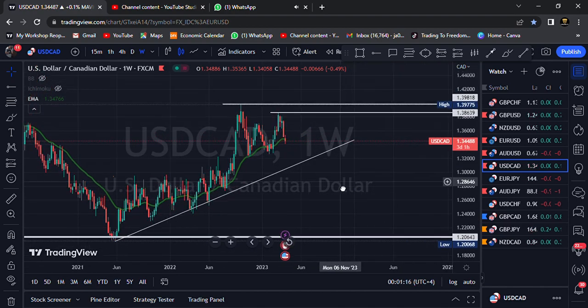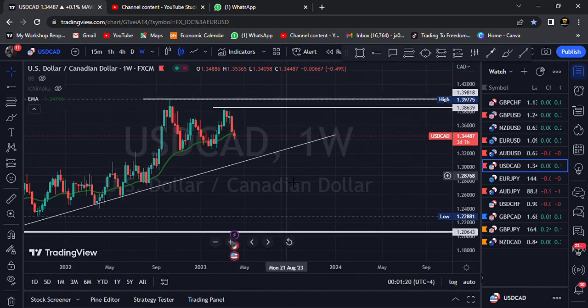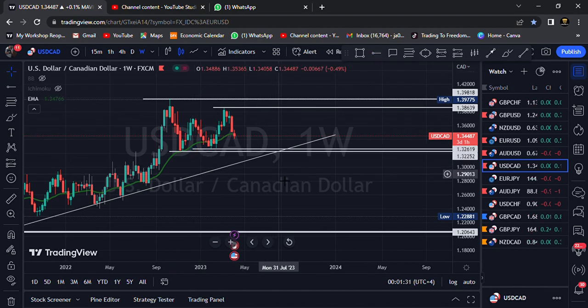You always have to have your key levels. Same like here, we have one here and another one just below here. So we can just make it like this.